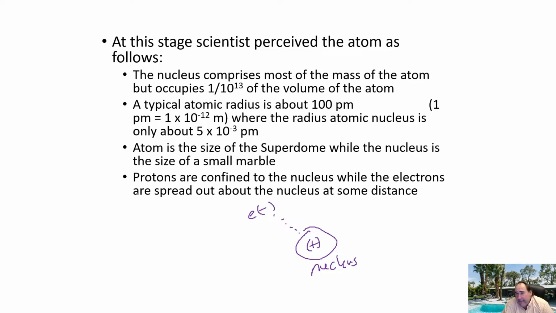This attraction between the electrons and the nucleus is essentially what keeps the electrons from just flying off. They're tied to the atom through their attraction to the nucleus. Again, some electrons, based on their proximity to the nucleus, will be more strongly attracted than some electrons that are further away.